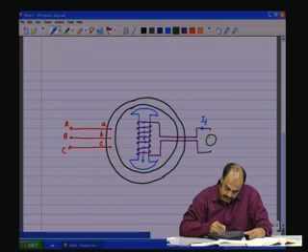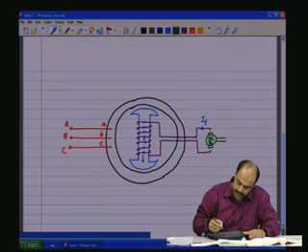So this is a DC generator. It has brushes, and then that is connected to the shaft of the rotor, mounted onto the shaft of the same rotor.